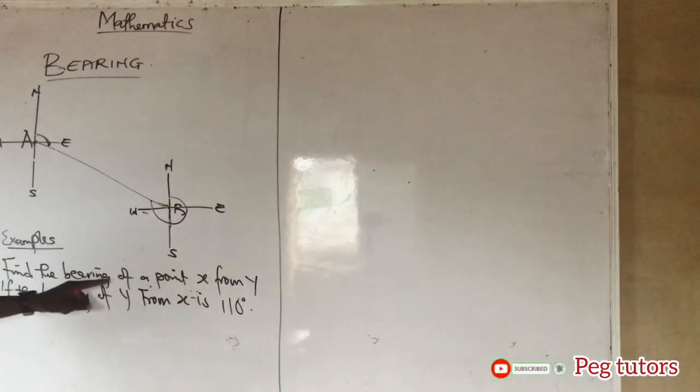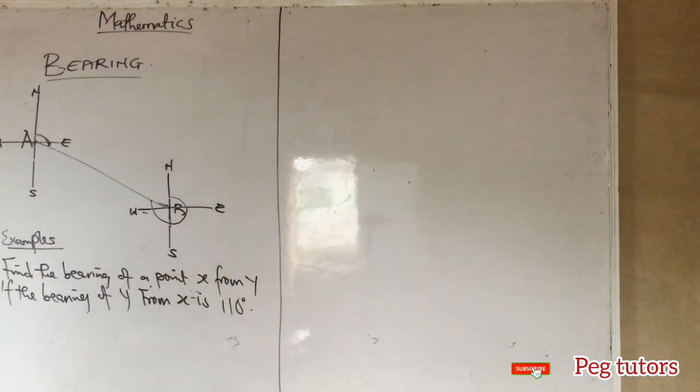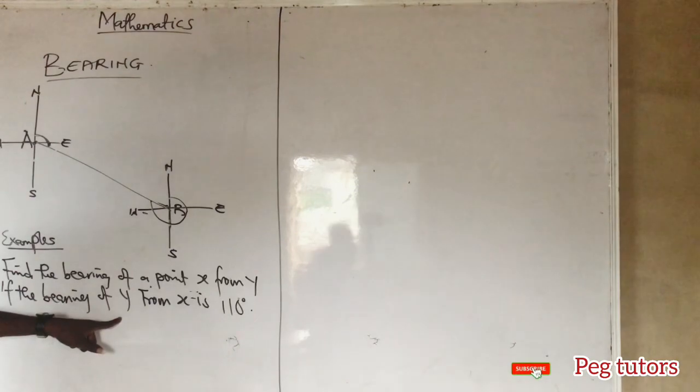Now, point X and point Y, which one are you representing first? You always start with the known. So you start from point X.